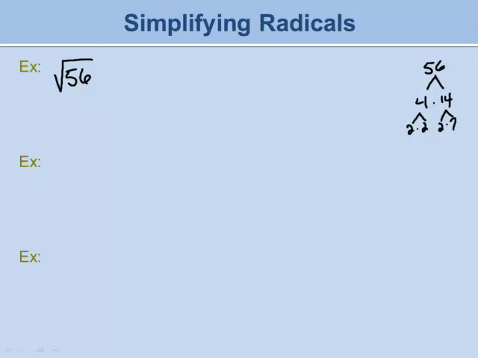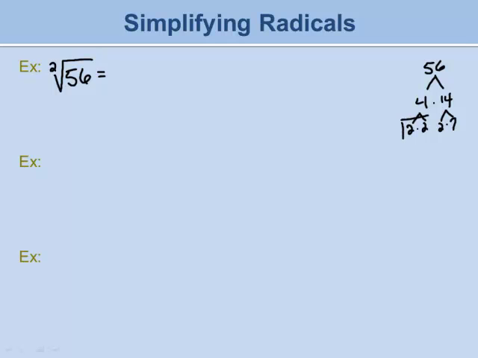Now your goal is to find perfect squares because this is an understood square root. So if you use that rule that we talked about where you can get your power to match your exponent, what we're interested in is trying to break down 56 using factors that appear twice.